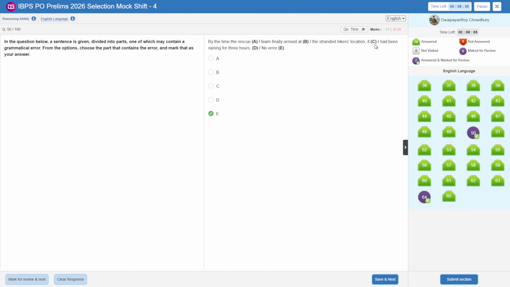Hikers location. Now, either this part they would say that hikers is not possible, so apostrophe before S, but standard hiker location.